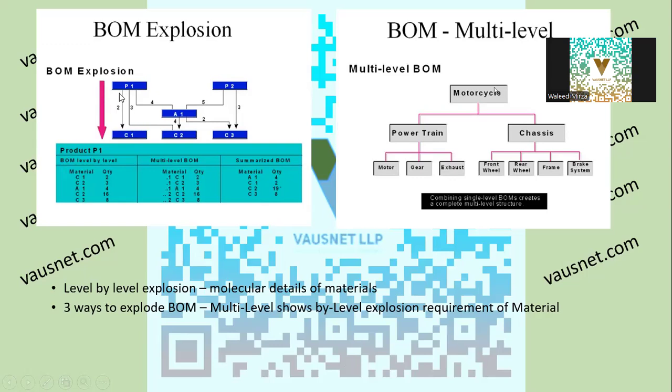So it will show you the requirement of P1, and will also show you the requirement of P2, what it actually needs. Okay. It needs A1 to produce P2 along with C3. So once A1 is produced, C3 will be implemented along with A1 to produce P2. Okay, so that is the process.